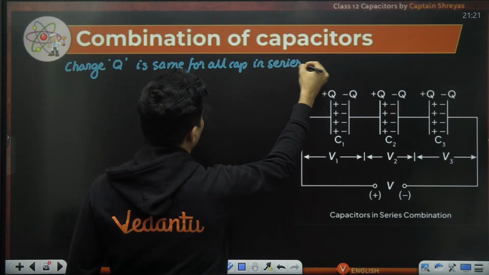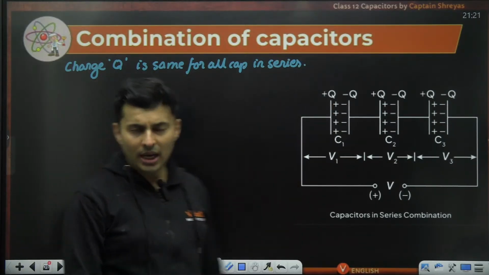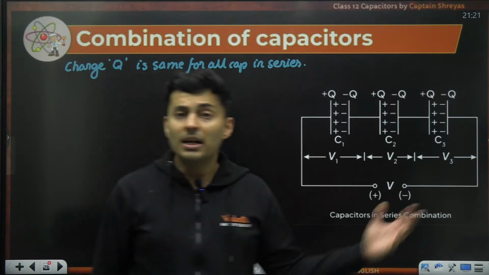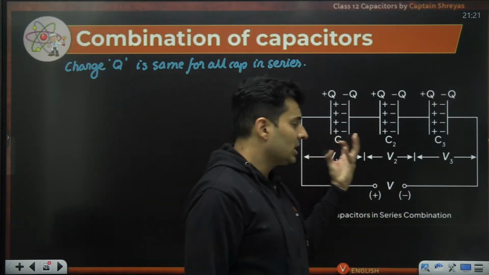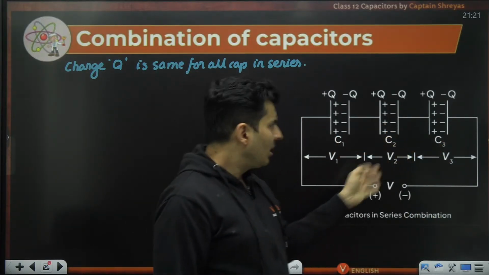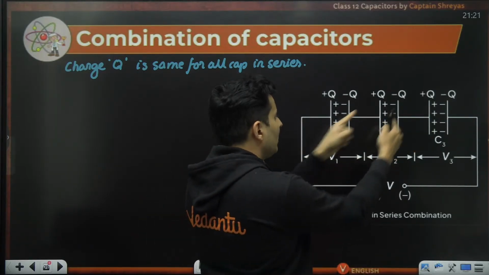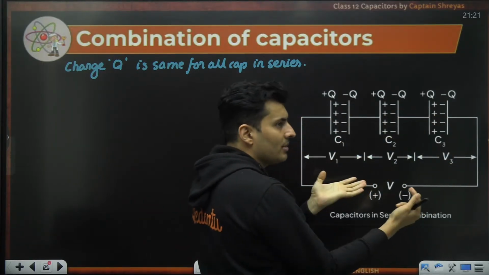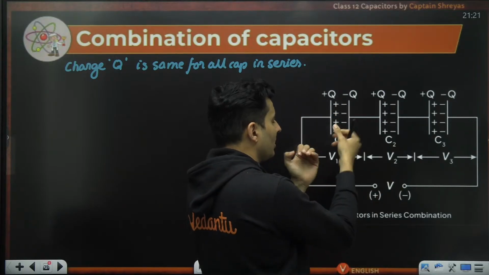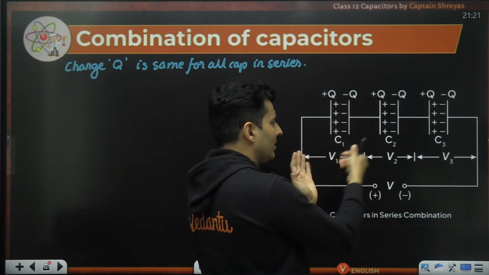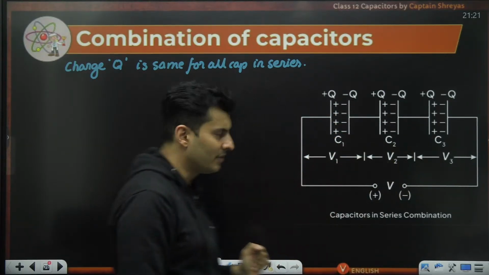This is very, very important. Okay, everyone? Here, because the charges are the same and capacitances could be different, each capacitor might have different voltages. More charge, more capacitance; less capacitance, accordingly voltages will also be different.